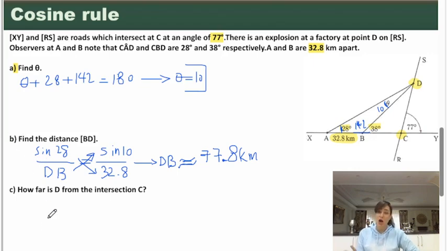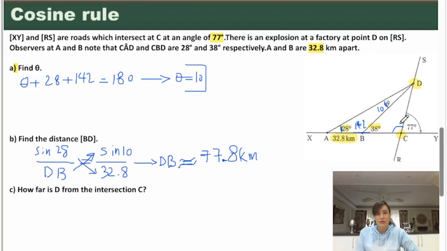I will go for part C. Part C asks how far is D from the intersection C. That means I have to find the length of this side, the segment CD. So here I try to find this angle as well. A straight line always has 180 degrees.